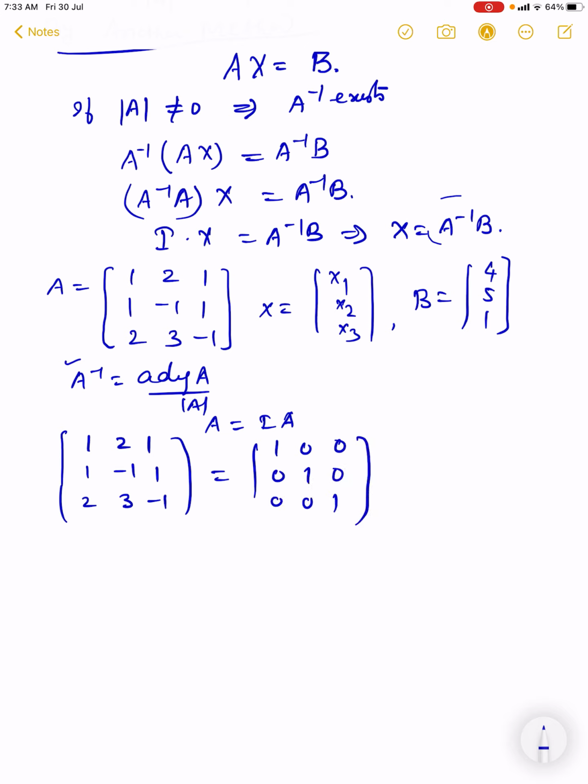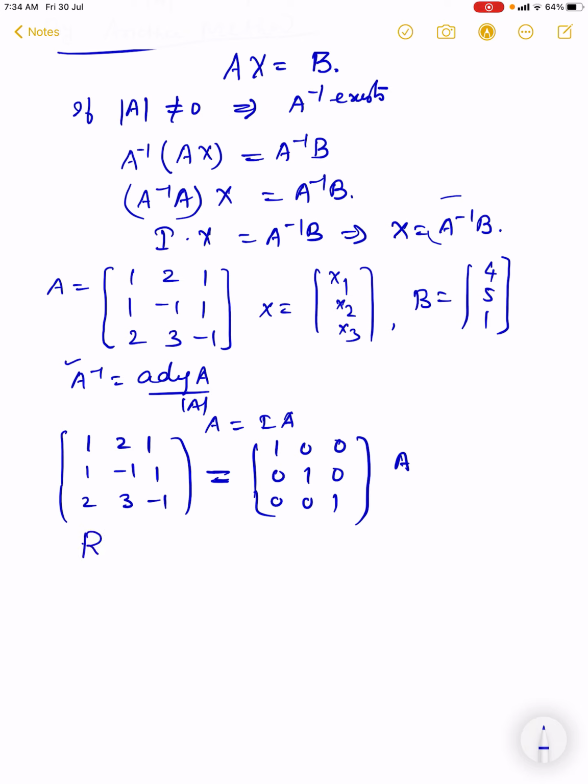In finding the inverse through elementary operations, if you apply row operations, then apply row operations throughout, and if you start with column operations, then apply column operations throughout the entire procedure. Here A11 is equal to 1.